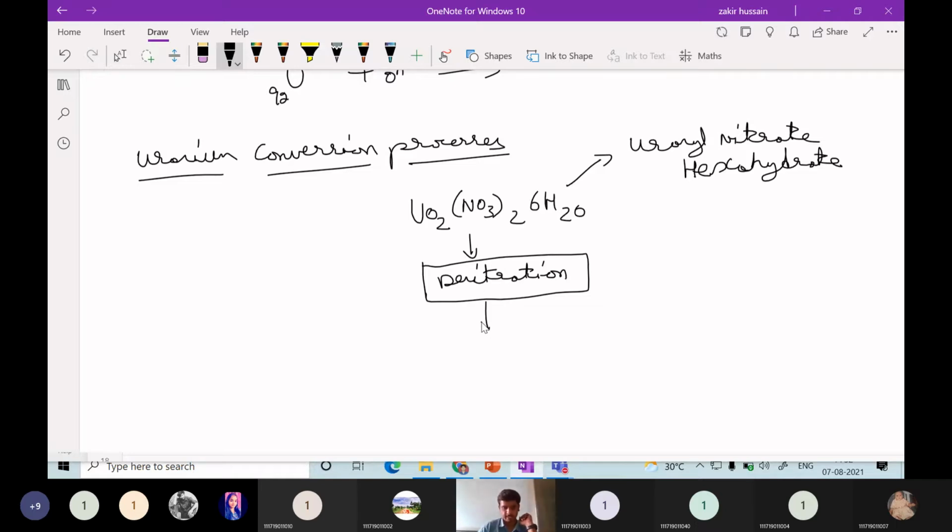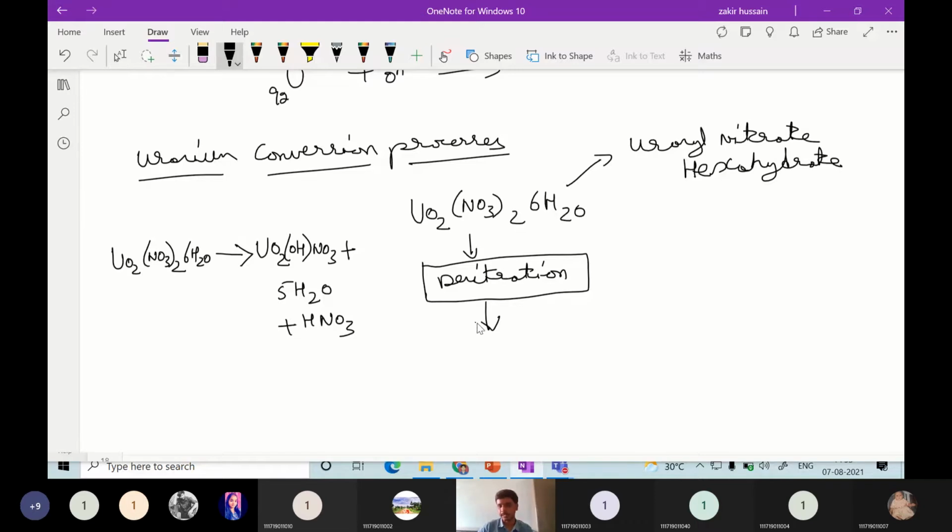So to denitrate this, the following reaction has to take place. The denitration reaction is this one. UO2(NO3)2·6H2O will undergo denitration and be converted to UO2(OH)NO3, with the liberation of 5 molecules of water, plus nitric acid will be liberated.